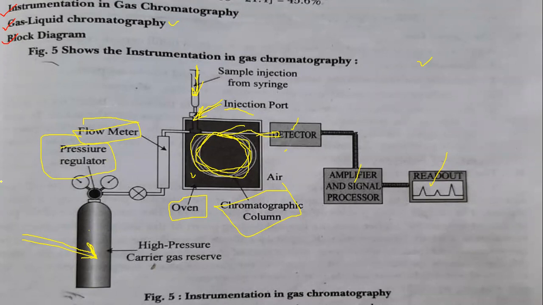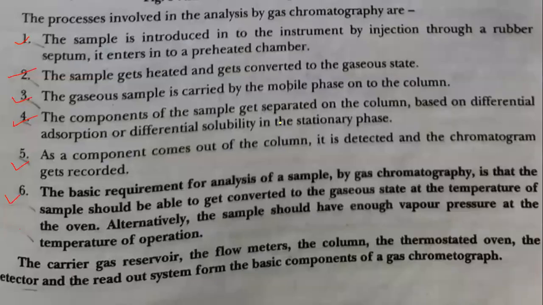This is the general information regarding the block diagram of a gas chromatography. Now the process involved in the analysis of a sample by gas chromatography: we first introduce the sample into the instrument by injection through the rubber septum, and it enters the preheated chamber that is placed in the oven.